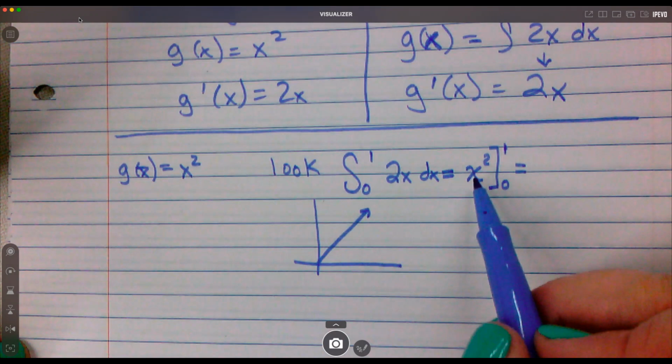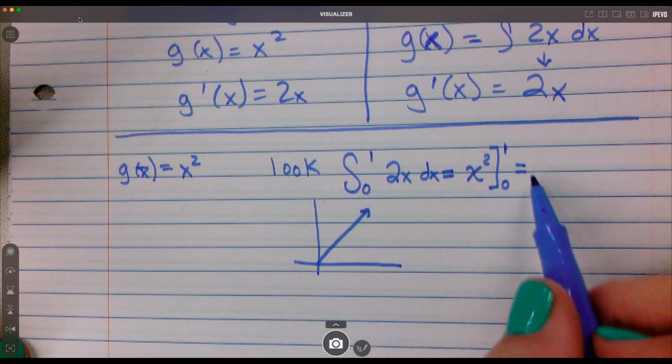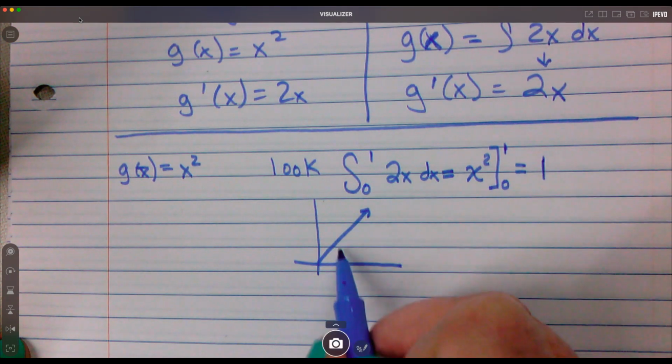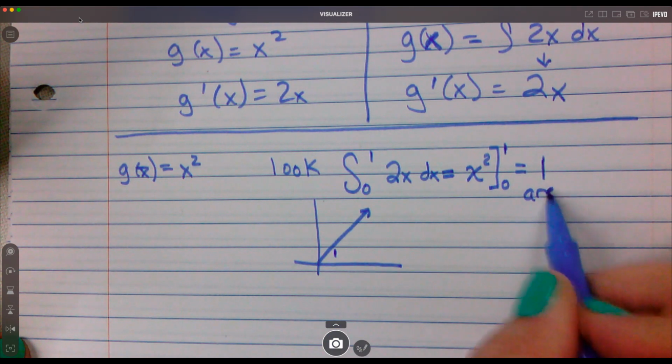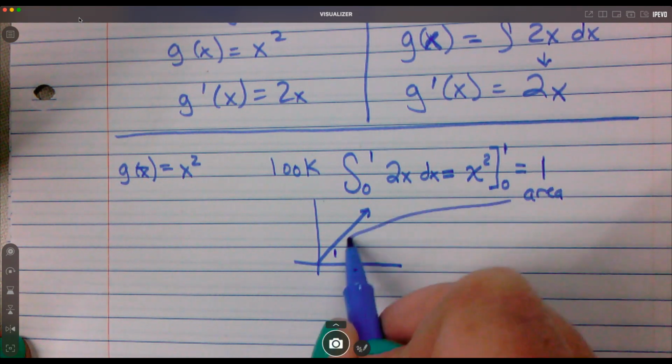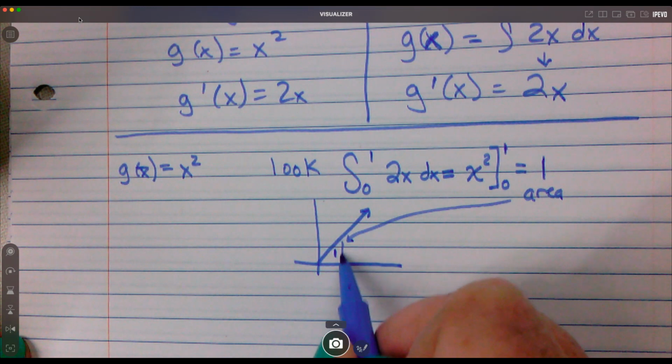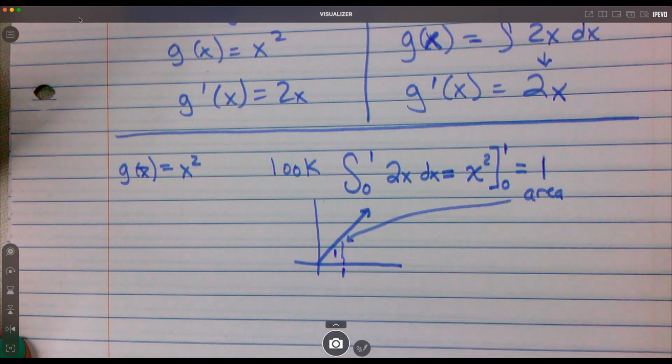Because it would be 1 to the power of 2 minus 0 to the power of 2. So that equals 1. And what that tells us is this area, this is area, under the function 2x. So far, so good? We already knew that, yeah?